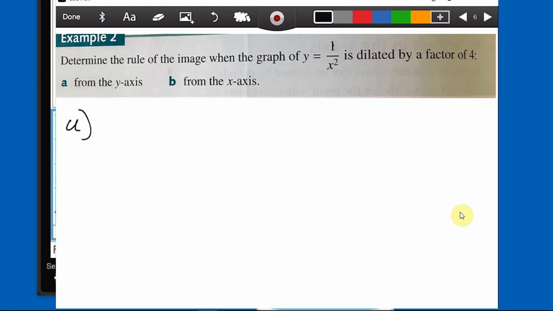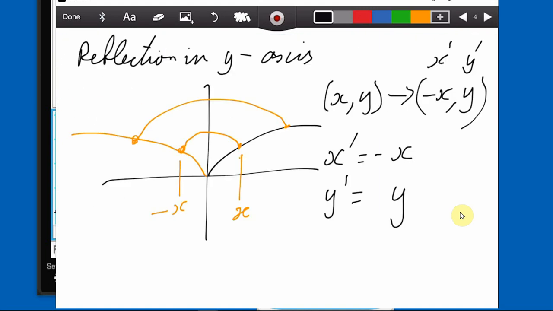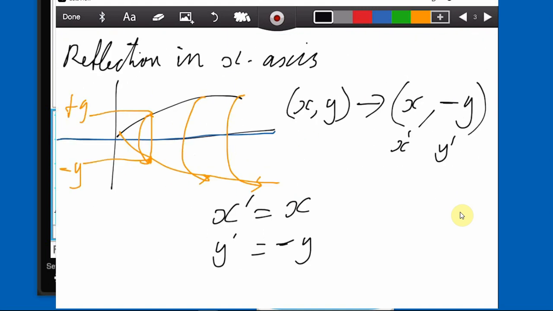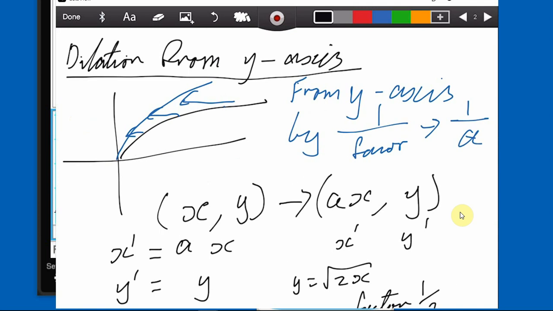Okay, so let's look at A first of all. So our old x's and y's, if we're moving from the y-axis, what happens? So when we come here, dilation from the y-axis.